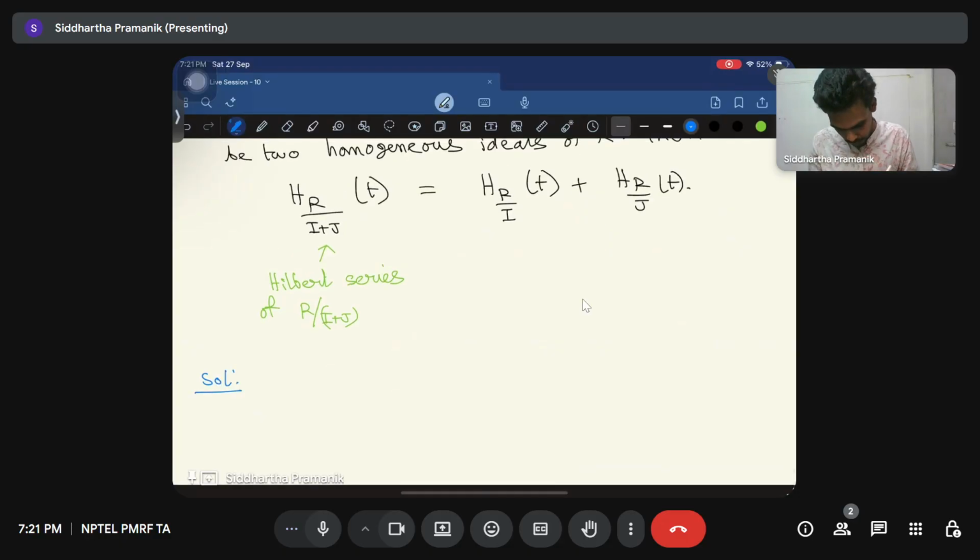Recall that we have a short exact sequence.